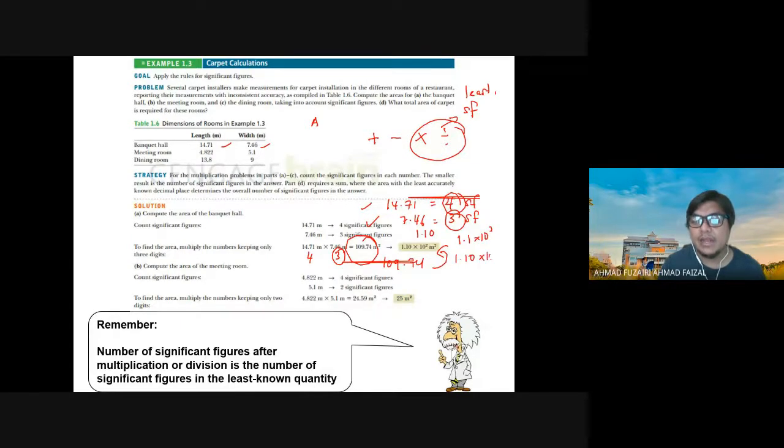The other answer is in scientific notation, using 10 power of 2, and you can also write it as 110 meter square. That is the simplest one, because this is also 3 significant figures. So that is for the rest of the questions.